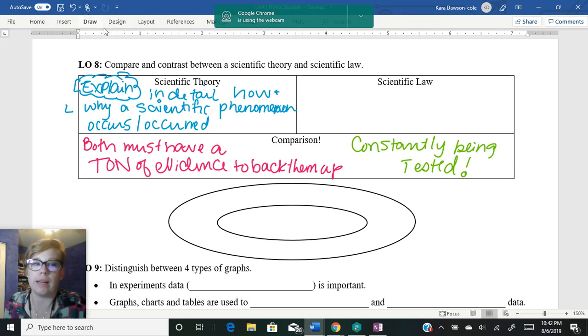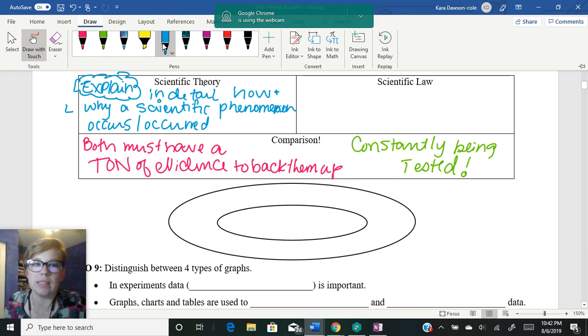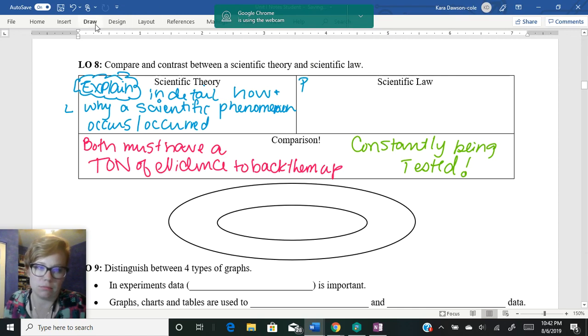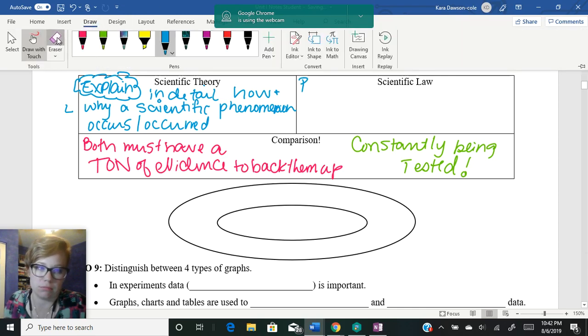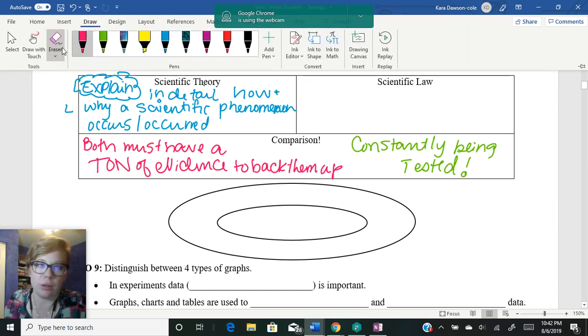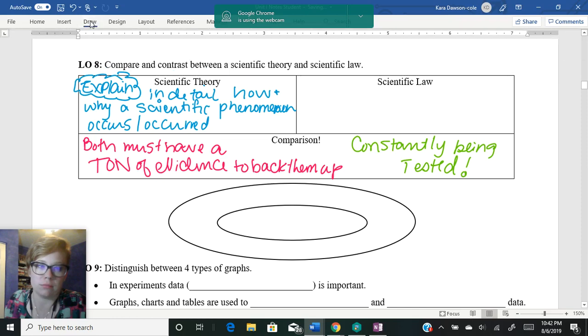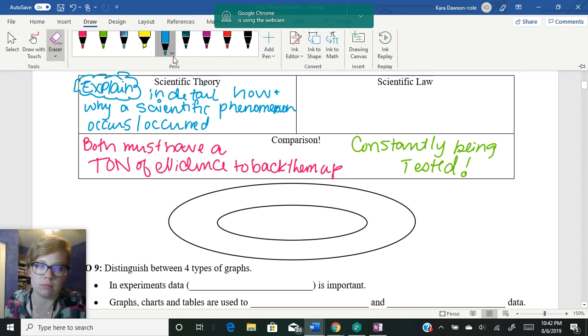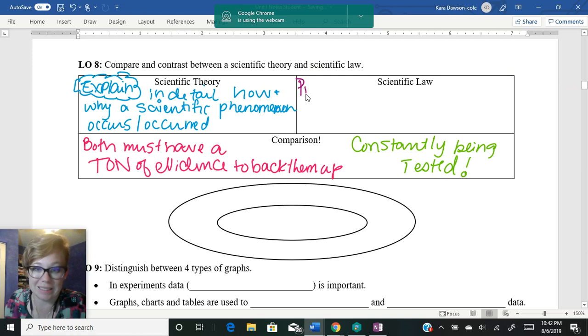And then the scientific law predicts. So the scientific law is going to predict.